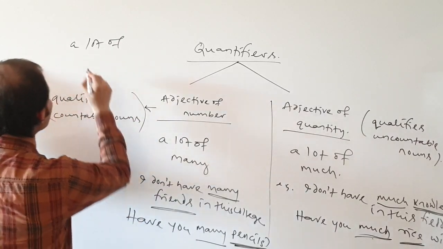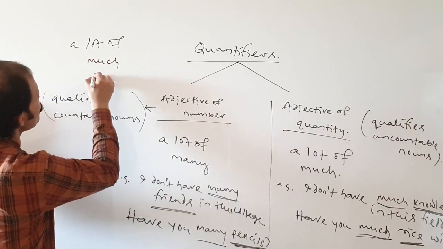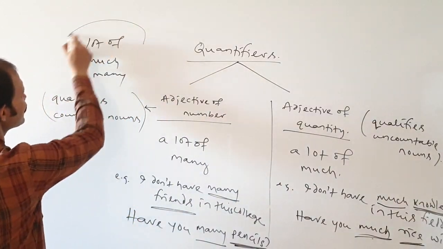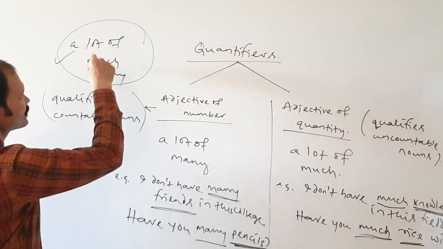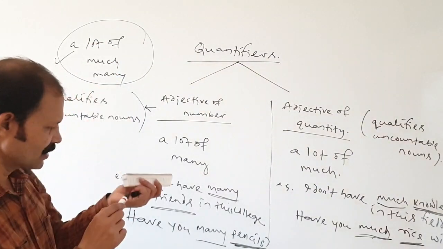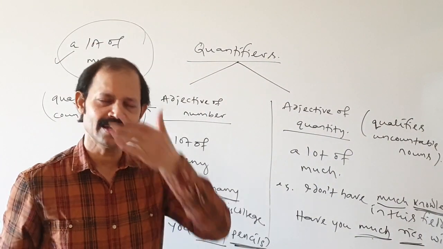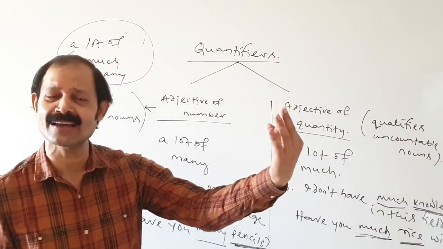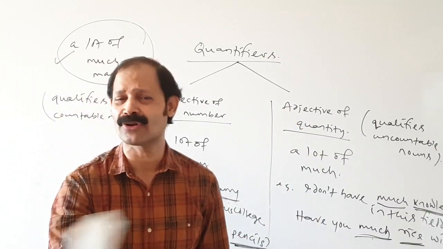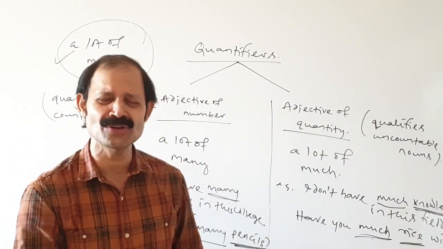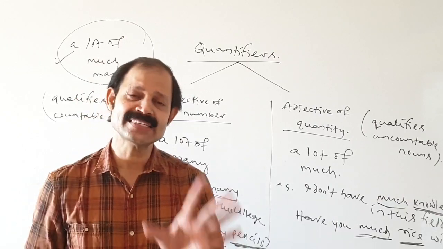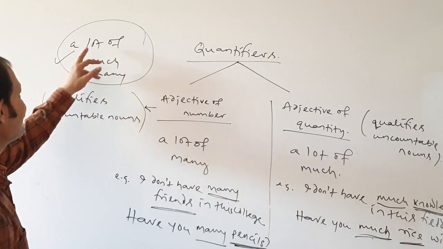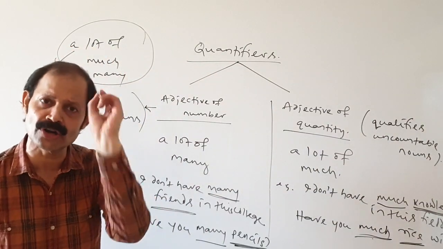Many other words are also there, but suppose you have to select from these three, and the sentence is affirmative, then close your eyes and pick a lot of. No need to check whether the noun is countable or uncountable. If the sentence is affirmative and you have to select a quantifier from these three, you supply a lot of, whether it is countable or uncountable.